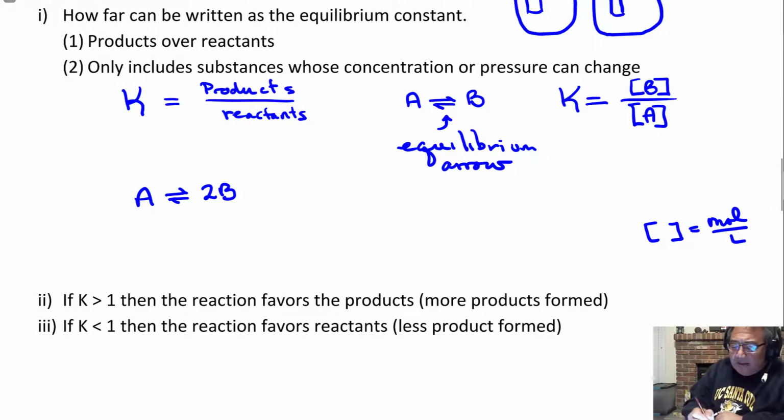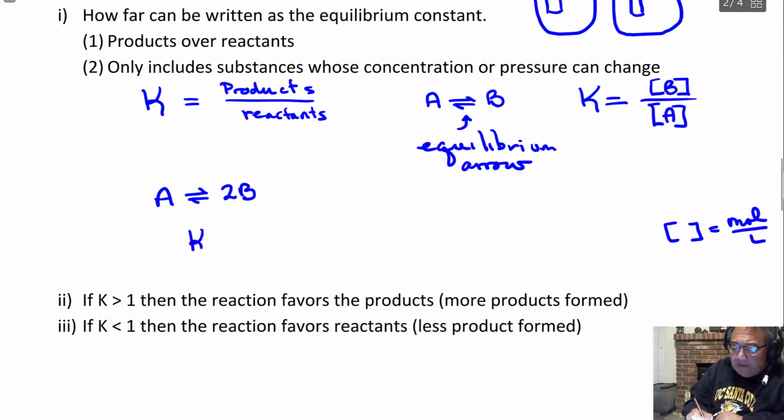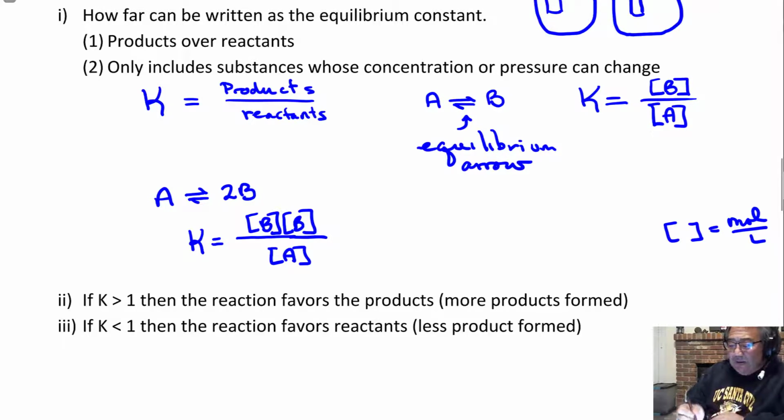In other words, K for this one would be the concentration of B times the concentration of B, and this would be over the concentration of A. So what that means is that B is really raised to the second power.